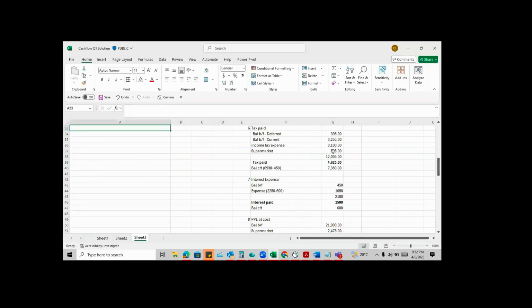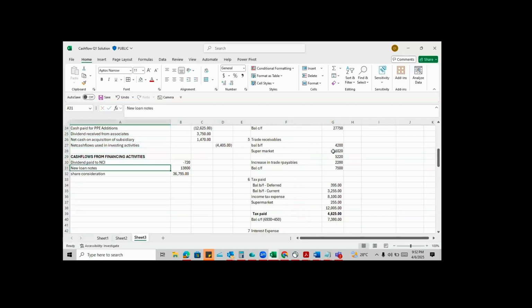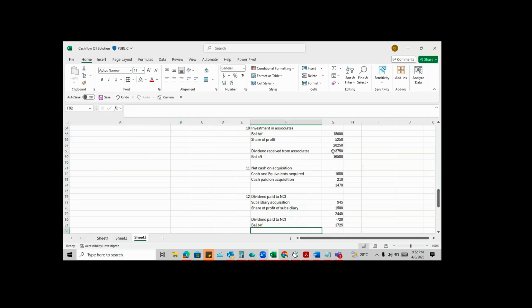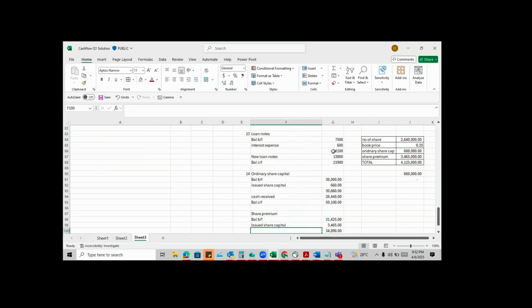Now, what's the only item left that we probably have not dealt with? We need to look at the retained earnings. From the retained earnings, we'll be able to find out how much they would have received, right? So quickly, how much the parent received in dividend, or paid in dividend.